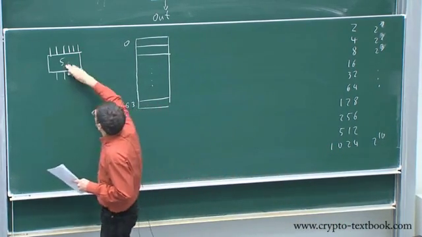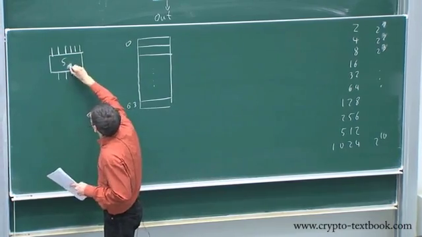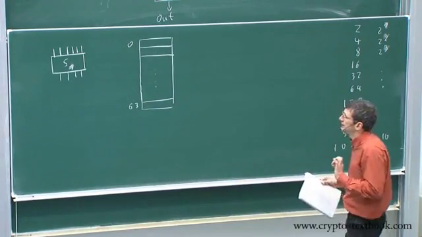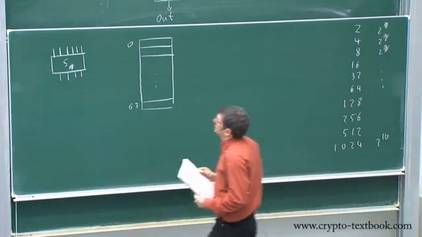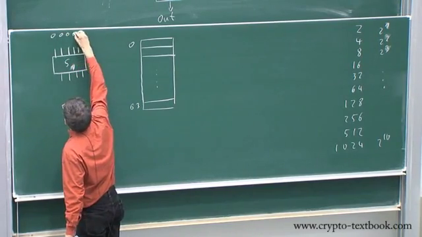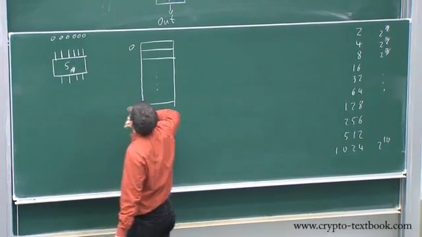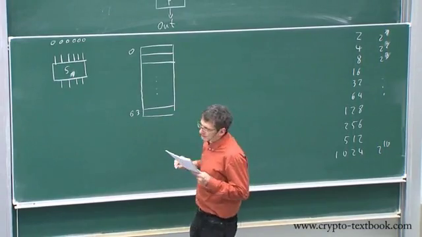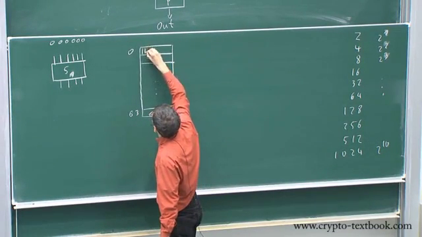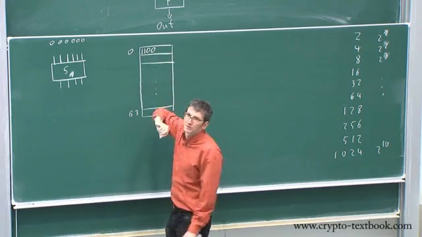Let's call this S1 here. This is now very specific, the first table, S1, okay? It turns out if you provide the all-0 input, then the output becomes 1, 1, 1, 0, 4 output bits, okay?